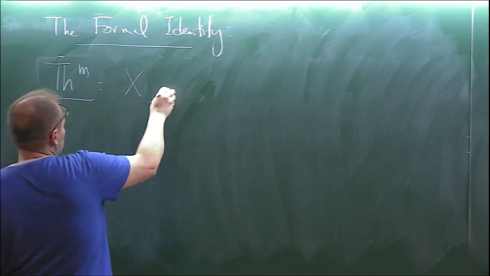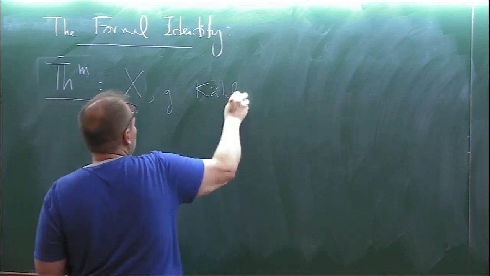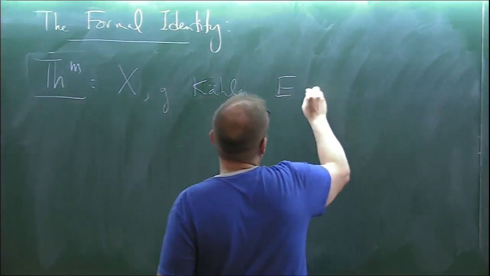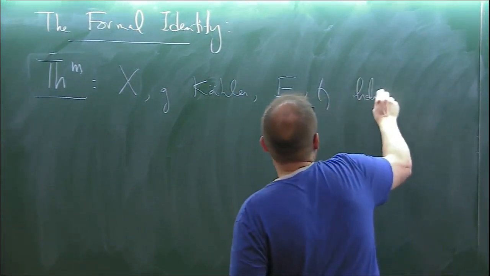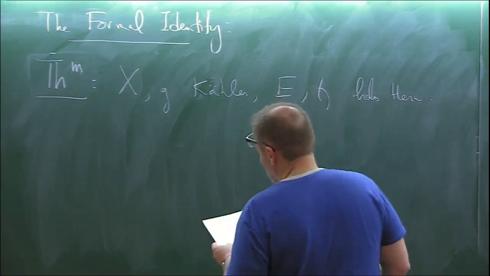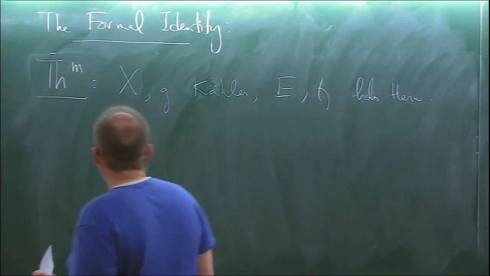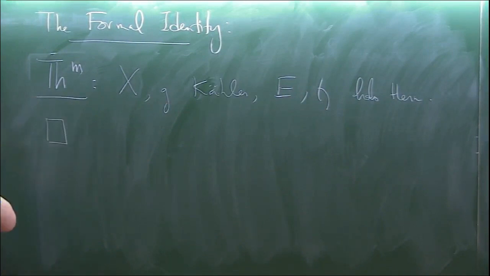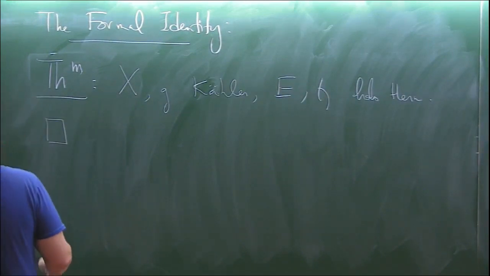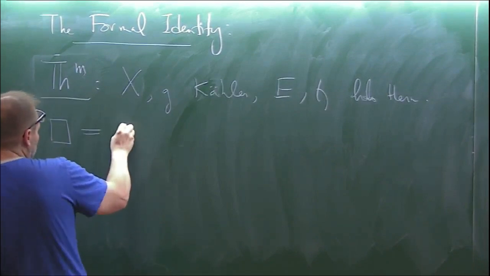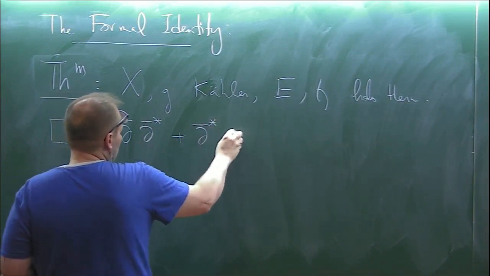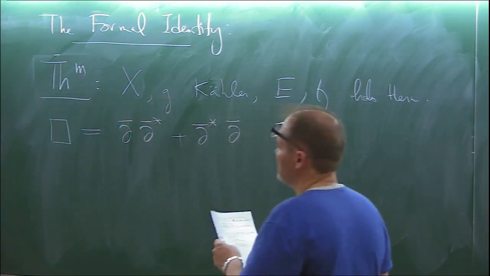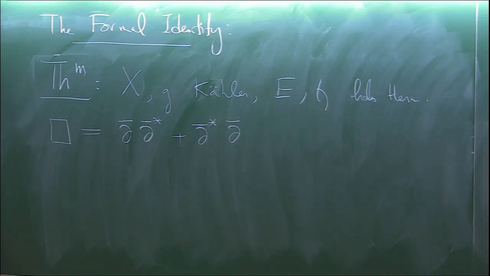So we have our X with the Kähler metric G, and then we have this E, a holomorphic Hermitian vector bundle. Now we're going to define the standard notation for the Laplace-Beltrami operator associated to d bar. That'll be d bar d bar star plus d bar star d bar. This acts on (n,q) forms with values in E and produces an (n,q) form with values in E.